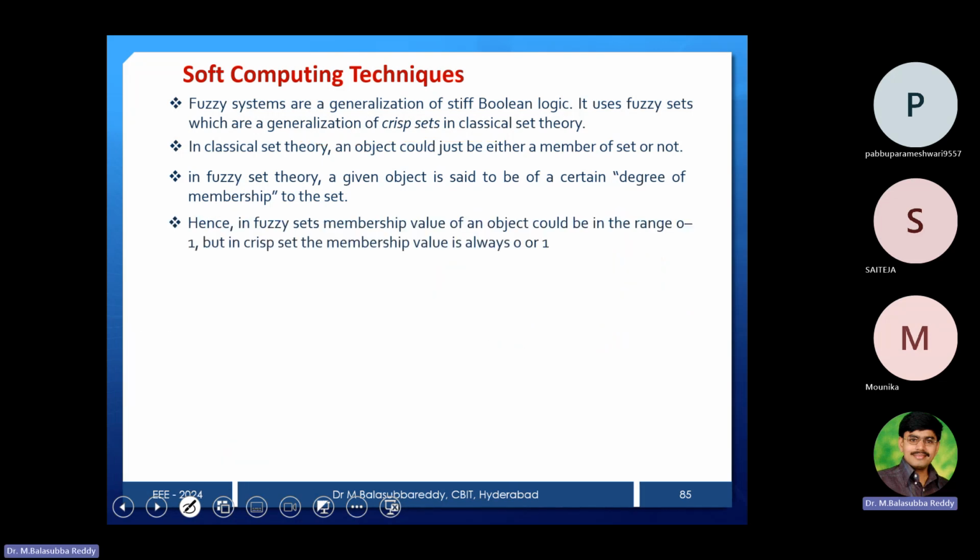Hence, fuzzy set membership values of an object can be in the range of 0 to 1. In that range, they give the membership value. But in a crisp set, the membership value has to be either 1 or 0. It will not be in between.